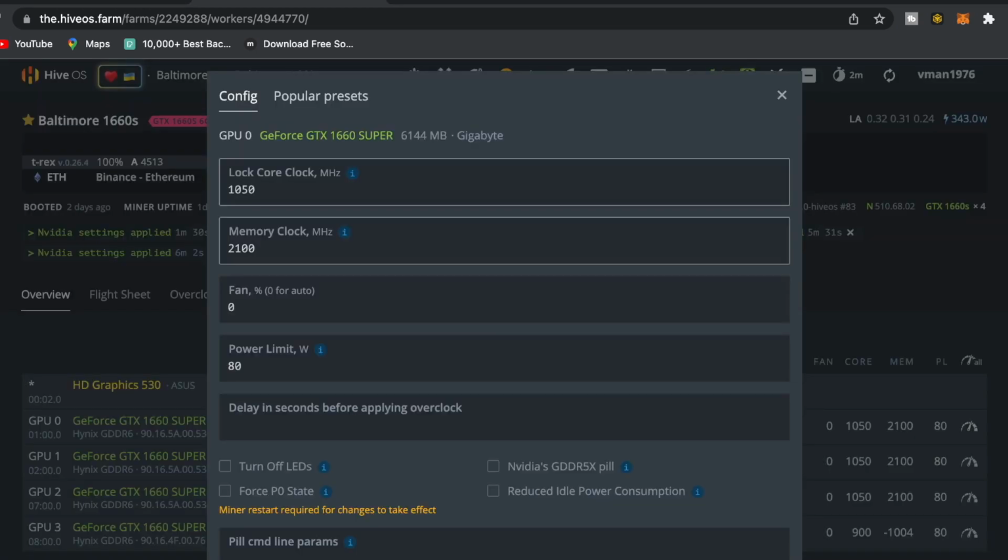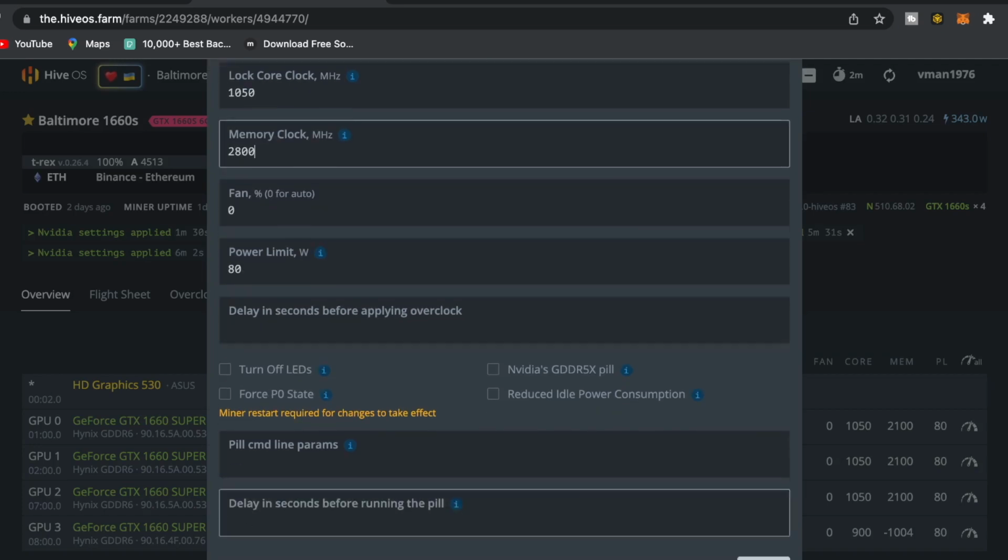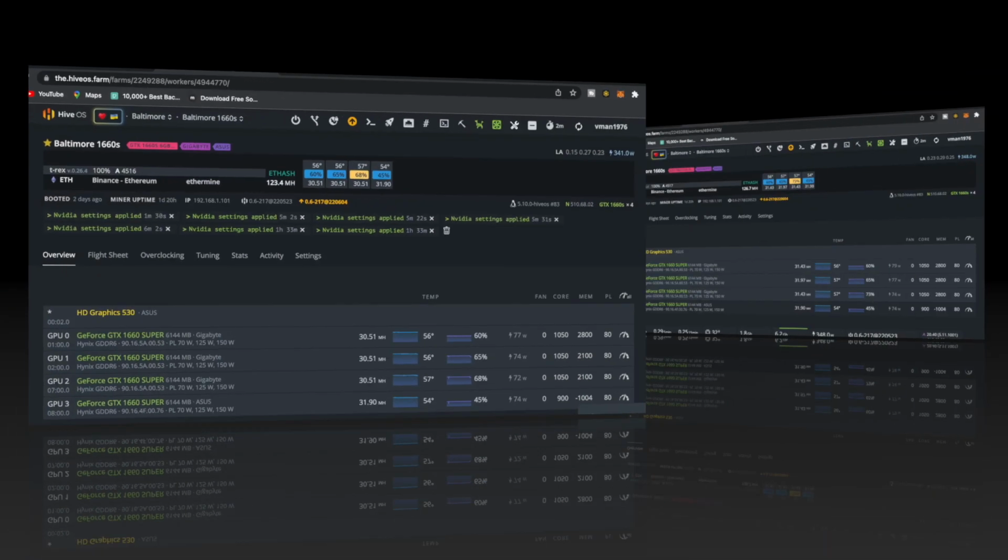What we're simply going to do is take that up to 2800 on the memory clocks, the only difference.